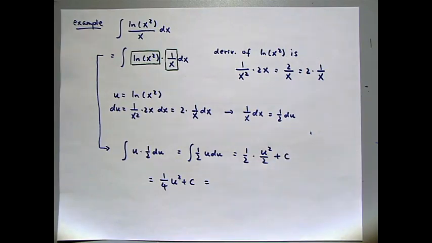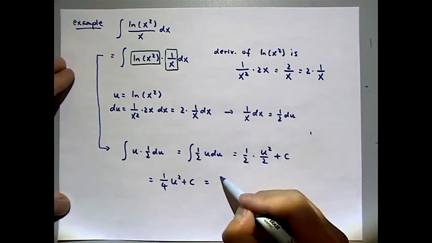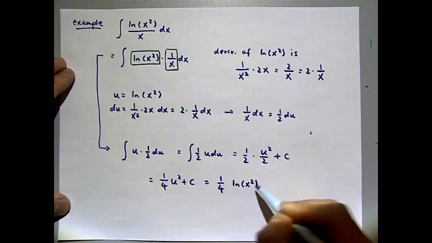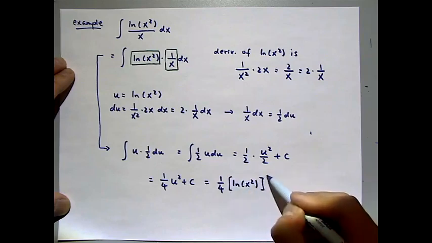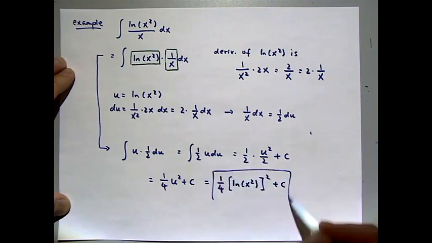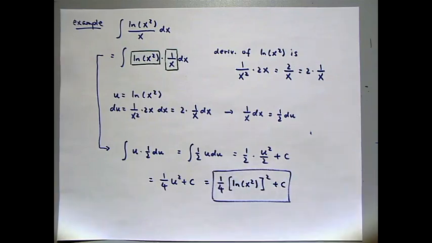And as usual, now we've done the integration. We don't need u anymore. We get rid of u. We go back to x. Okay, so there's the thing that gave us this as a derivative.